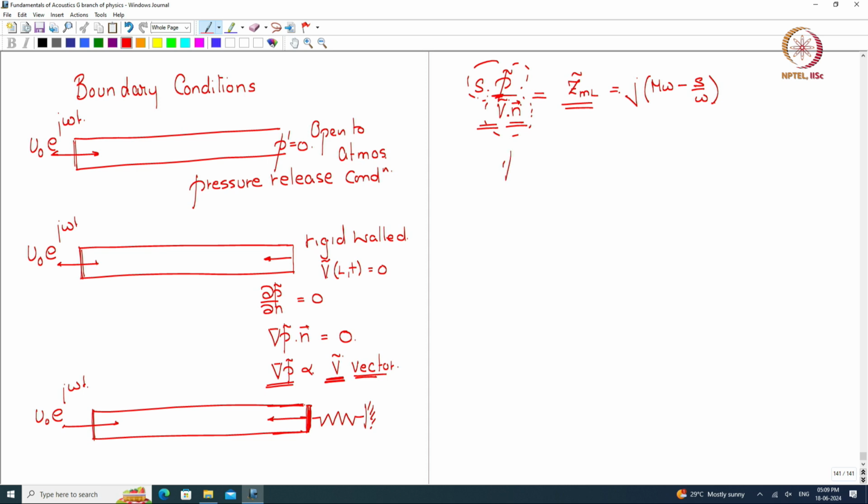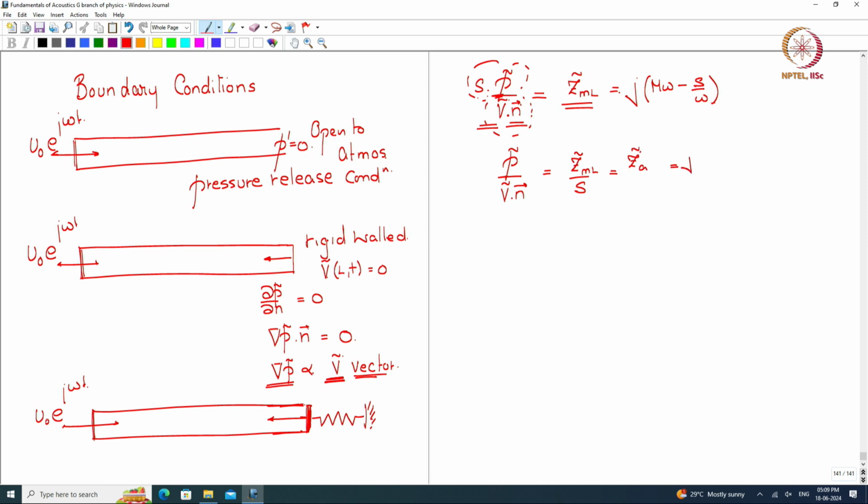Alternatively, we take P tilde over V tilde dot n, then this is Z tilde ML over S, which is now called the specific acoustic impedance, okay.